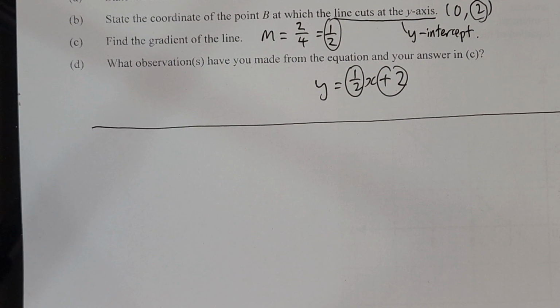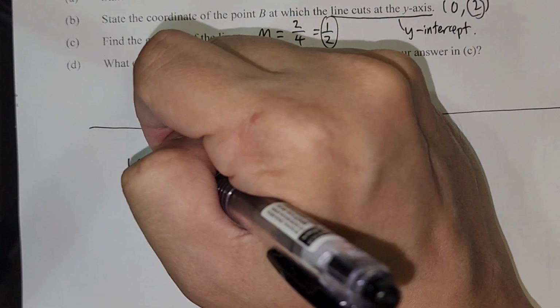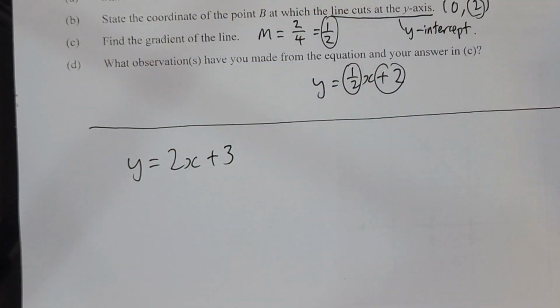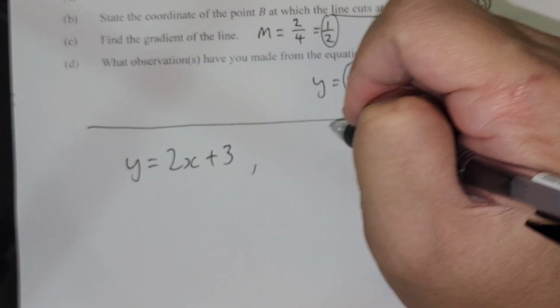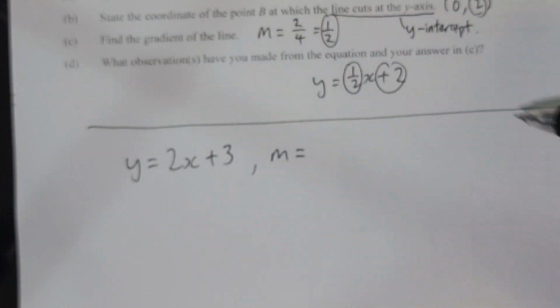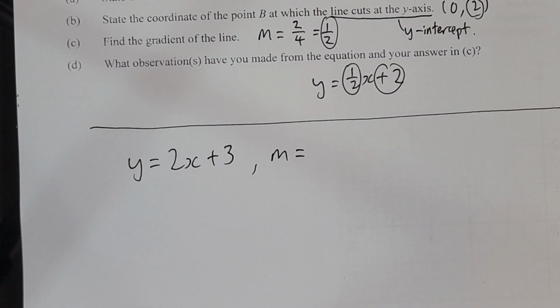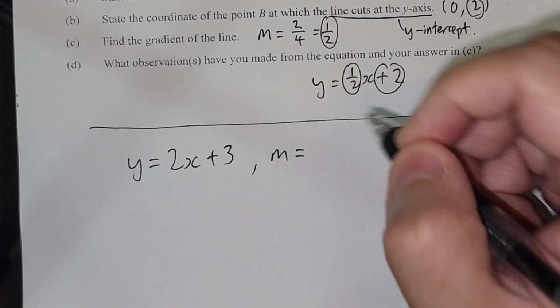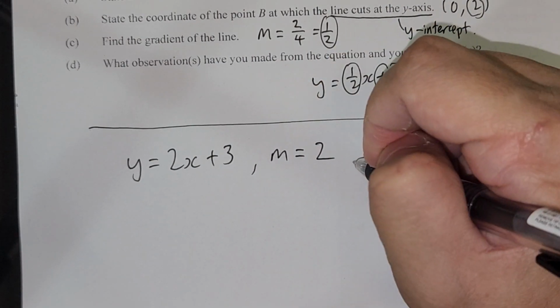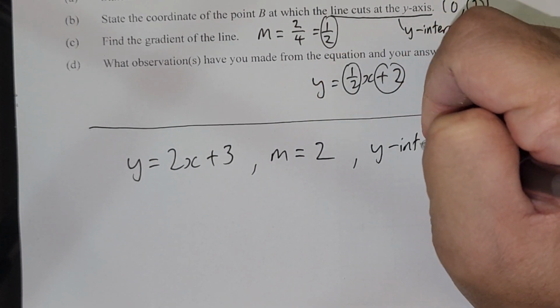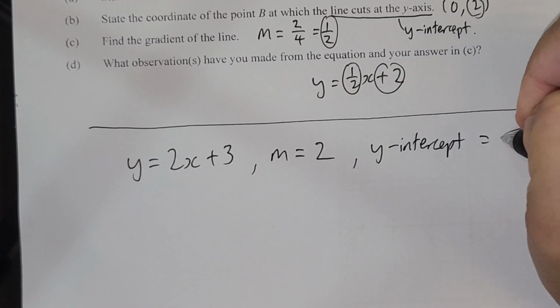For example, if I have an equation of the line y equals 2x plus 3, what is my gradient? Gradient is denoted by the letter m. From here, I can straight away say that the gradient is 2, and my y-intercept is 3.